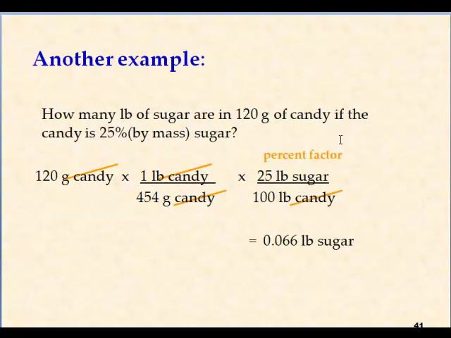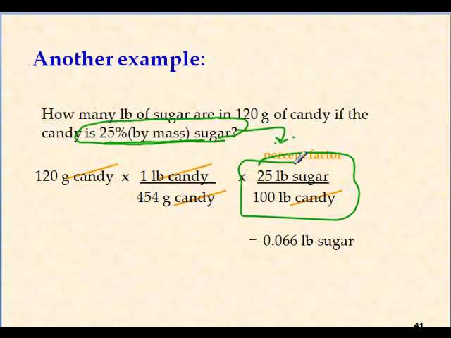Here is another example that we want to practice, in which we have how many pounds of sugar in 120 grams of a candy if the candy is 25% by mass sugar. Again, whenever I have a word statement like this, it's best to apply that at the end. So 25% by mass sugar means that it's 25 pounds sugar in 100 pounds of candy. So once we have set this factor over here, I need to now convert my grams to my pounds of candy.